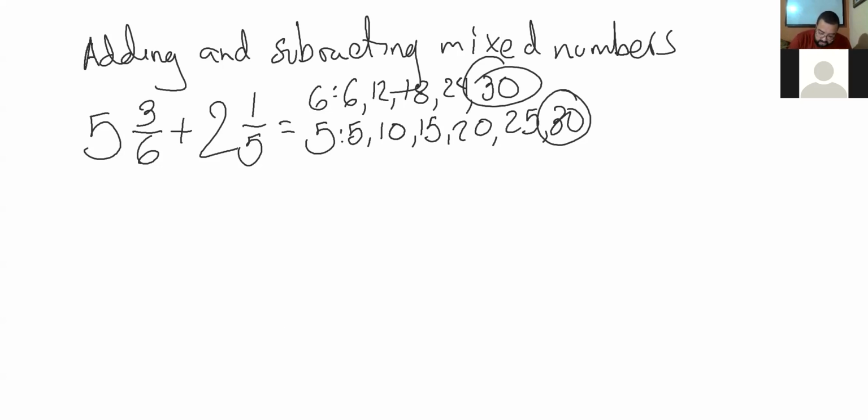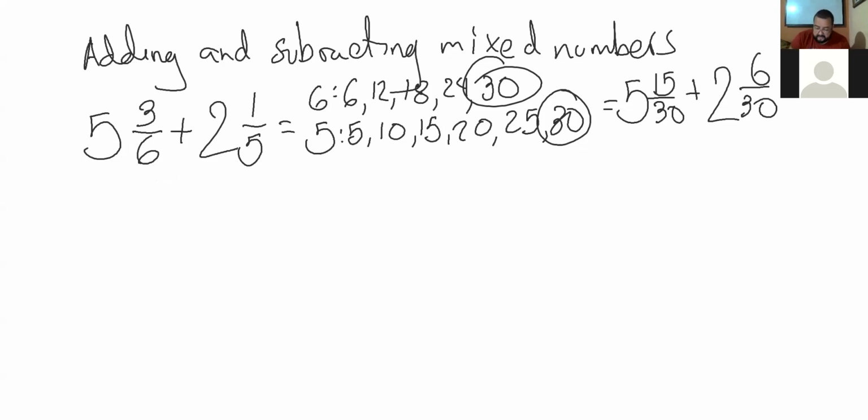Let's continue over here. So let's write 5 and 30 plus 2 and 30. How many times did I multiply 6 to get to 30? Times 5. So we're going to multiply 3 times 5, that equals 15. We multiply 5 times 6 to get to 30, so we're going to multiply 1 times 6. 1 times 6 equals 6.